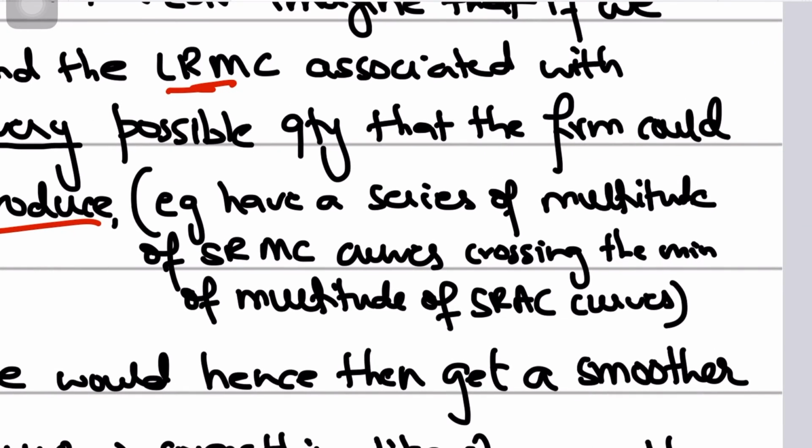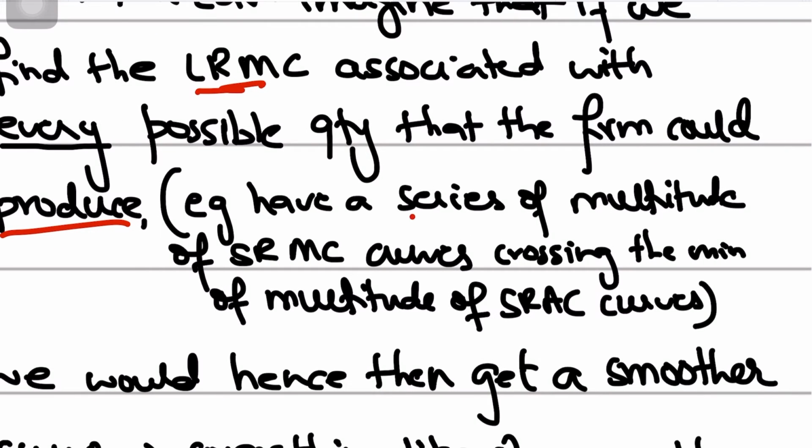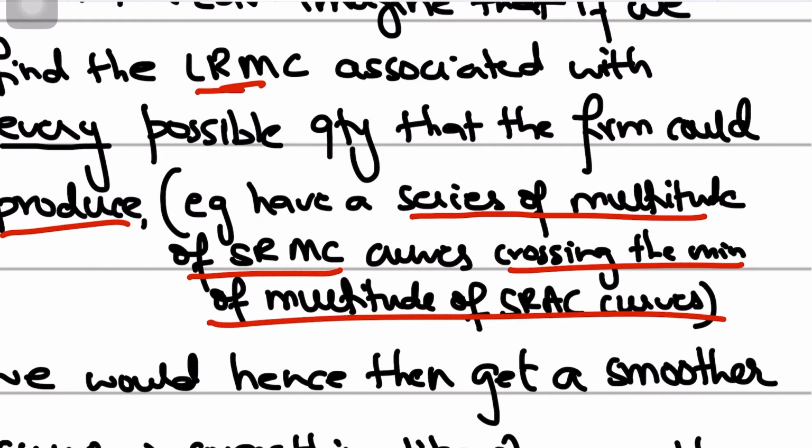So what we can mentally imagine is that we will have a multitude and series of short run marginal cost curves crossing the minimum of the multitude and series of short run average cost curves.